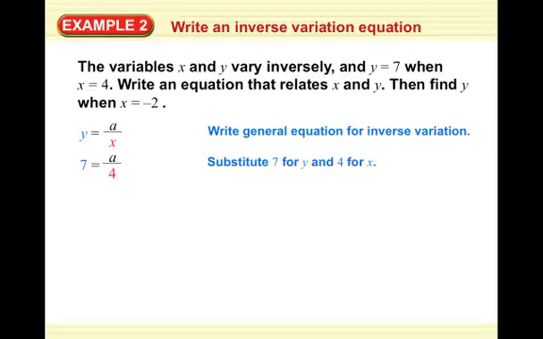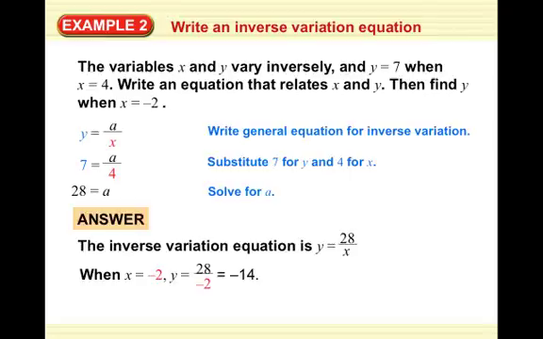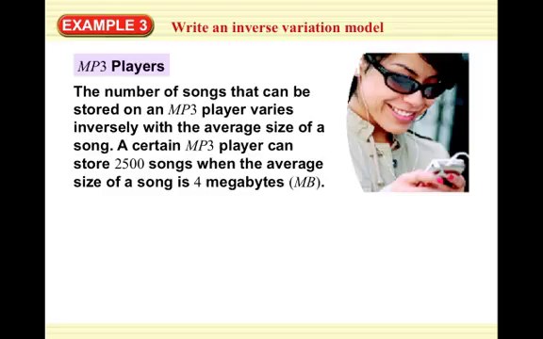So 7 equals a over 4, multiply both sides by 4, and that gives us 28 equals a. So we know that in general, the equation is y equals 28 divided by x. So if we want to know y when x equals negative 2, we simply plug in negative 2 for x. So we get y equals 28 divided by negative 2, which gives us negative 14.